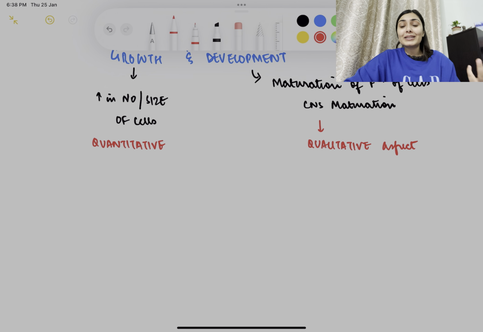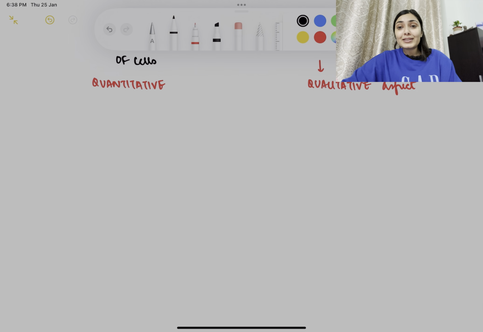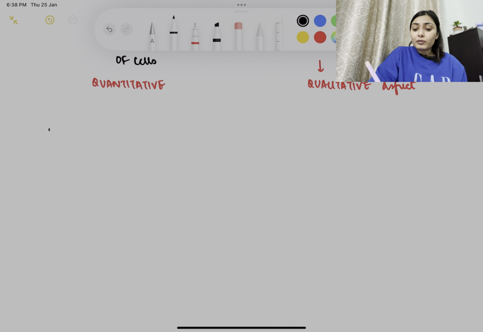One is the quantitative aspect whereas the other is the qualitative aspect. Let's start the topic, growth. The first subtopic here is going to be the laws of growth. Whenever we talk about something in nature, there's going to be a law. So concerning growth, we have some laws. Let's talk about the laws of growth.